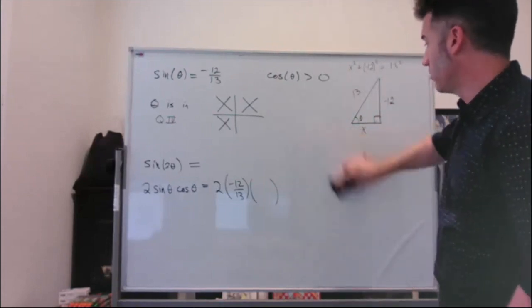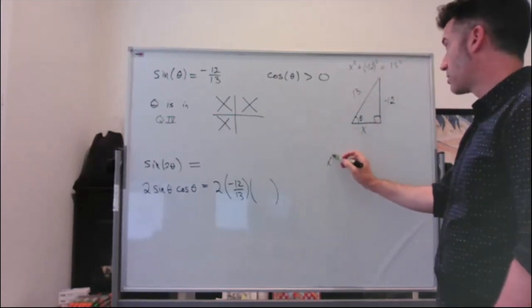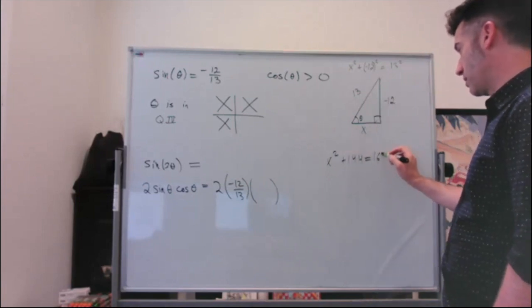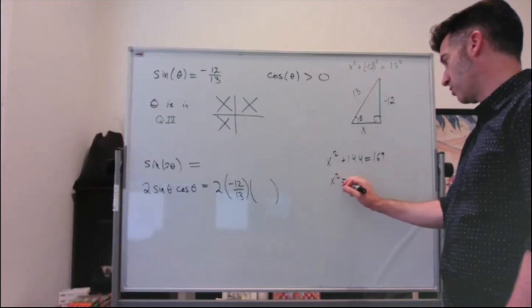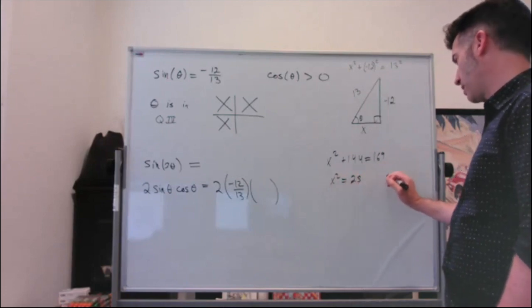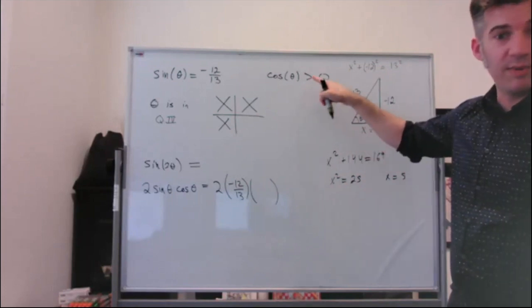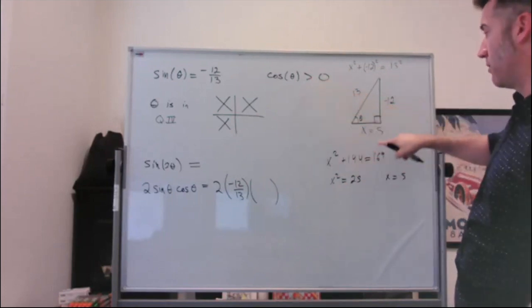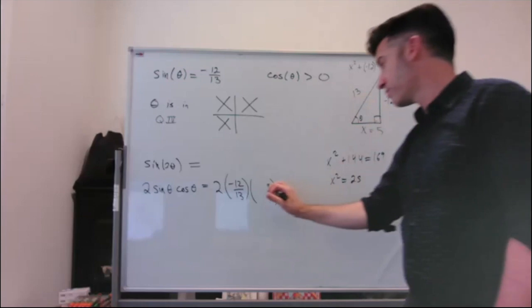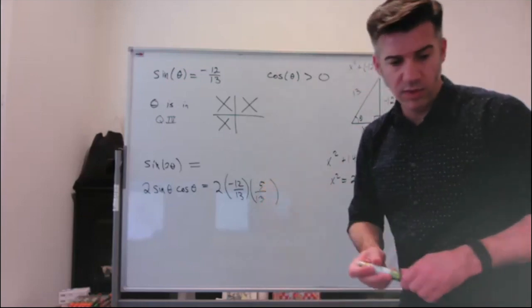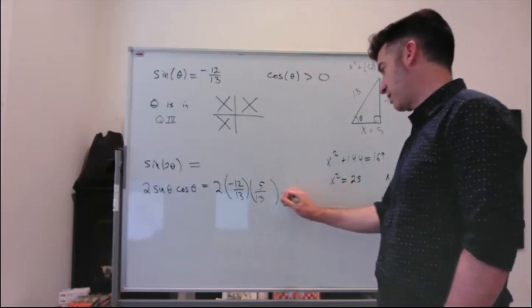We're just getting x squared plus 144 equals 169. So x squared equals 25, so x equals 5. So the cosine of theta is positive, and it's positive 5/13. And then we would calculate this, although really, I mostly cared about the fact that it's negative.